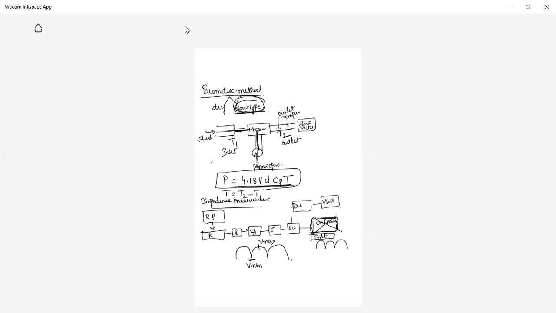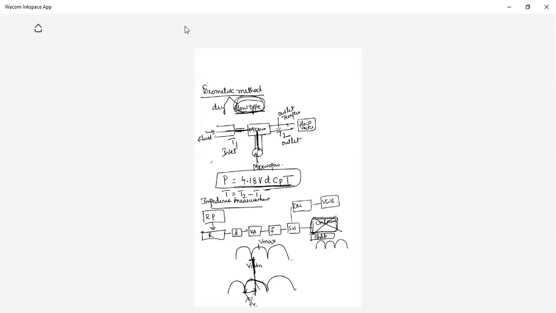Previously the V minimum was here, but now the V minimum is shifted towards the left-hand side by lambda g by 4 distance.